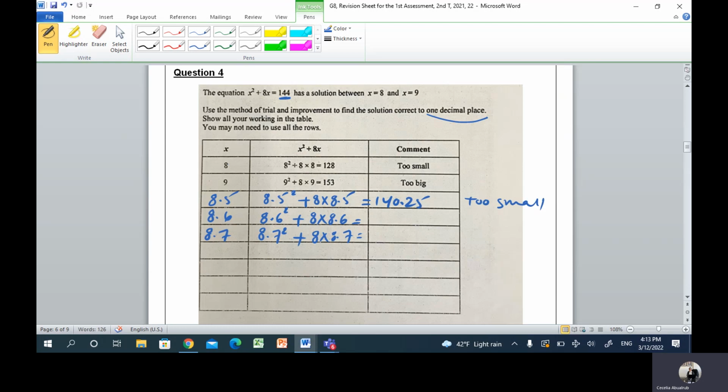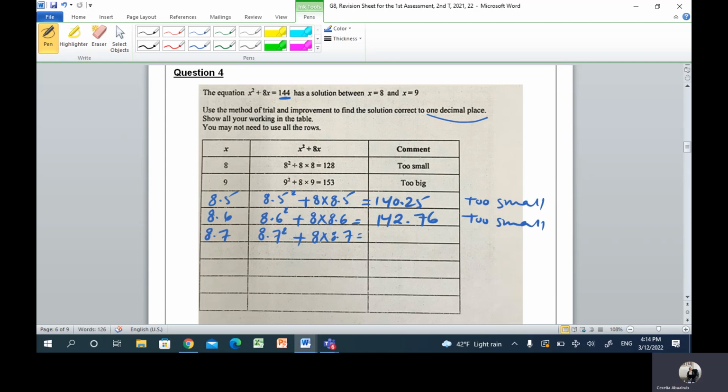Okay, let's do the first one. 8.6 squared, use the calculator, of course, plus 8 times 8.6, the answer will be 142.76, which is less than 144, so it's too small.